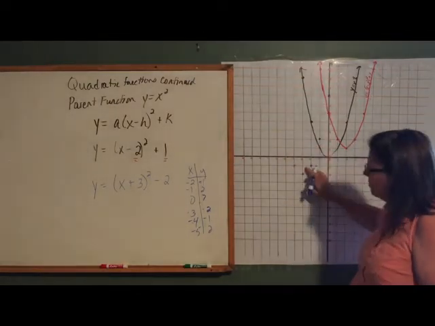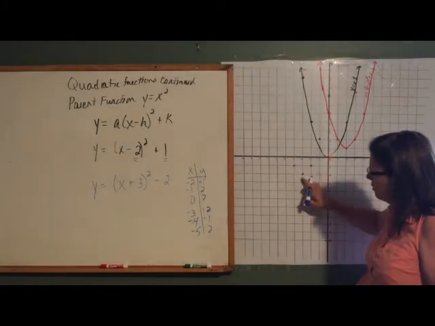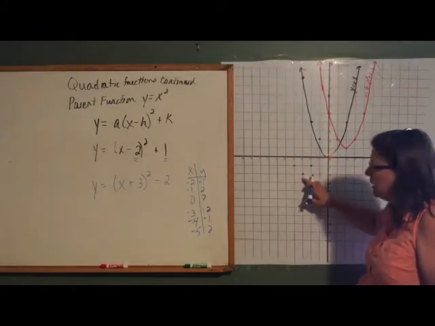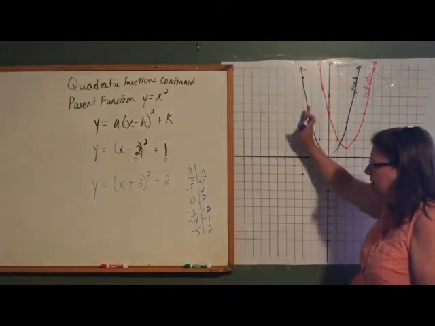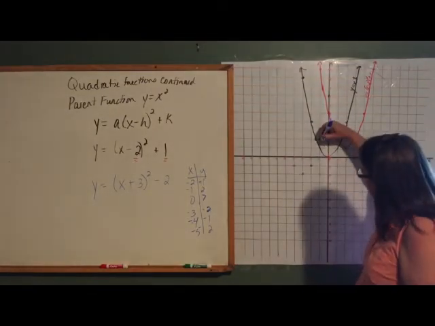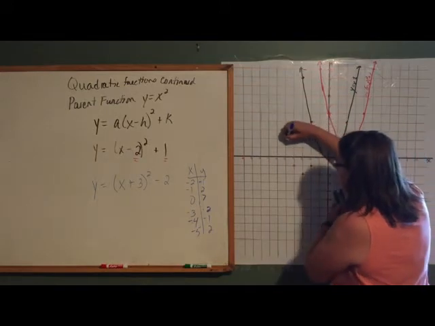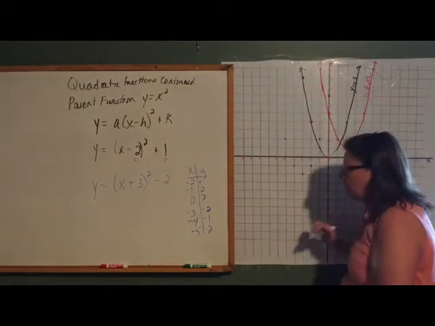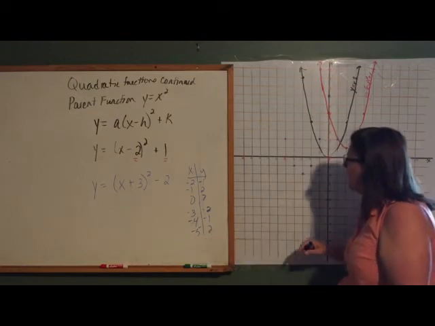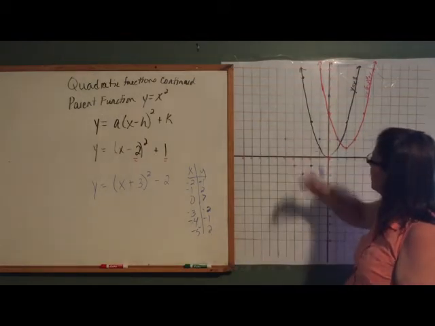Oh, it looks like we've got some symmetry starting here. So this must be our vertex, because that must be our axis of symmetry. And I bet if this is our axis of symmetry, that's 2 over, I bet negative 5, 2 is a point. Yes, it is.